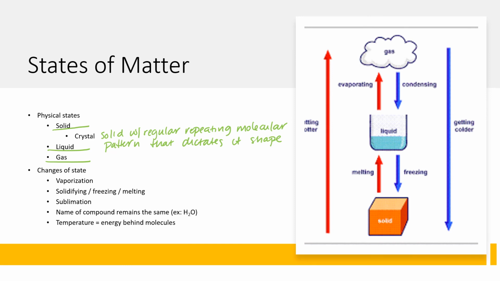If you have a solid that doesn't come in any kind of consistent shape with consistent angles, that's going to be your regular old solid. It might be made of one element, or lots of elements. It depends on what we're talking about. If you have a solid with a regular repeating molecular pattern, the same molecules in the same arrangements over and over, that creates really specific shapes.